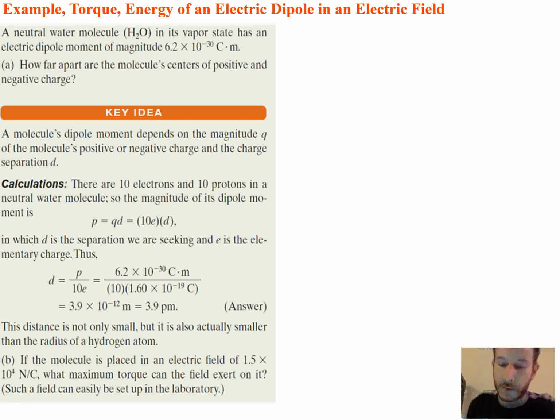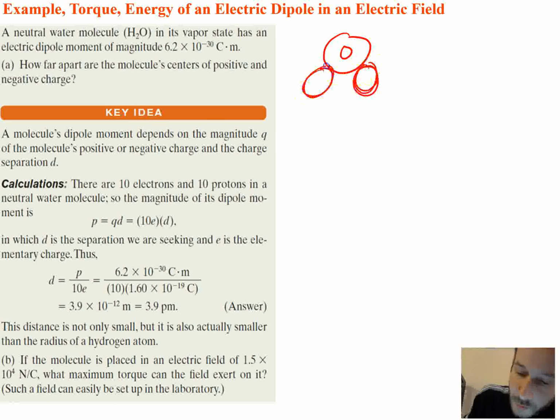All right, so let's draw a picture so we know what we're talking about here. So let's say we have our oxygen atom, it's going to be O. And then we have 2 hydrogen atoms, and this is how they're generally oriented, or how we draw them. This is going to be hydrogen, and this is going to be hydrogen. Now, because of this arrangement, the molecule ends up having one side that's slightly more negative and one side that's slightly more positive.